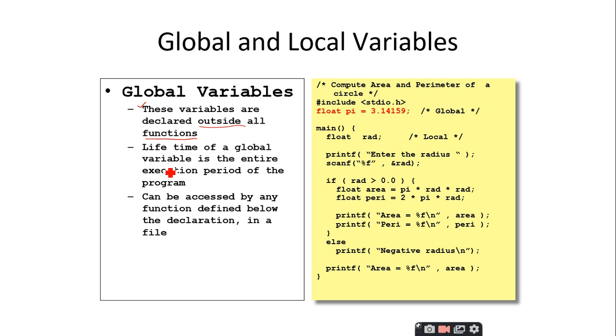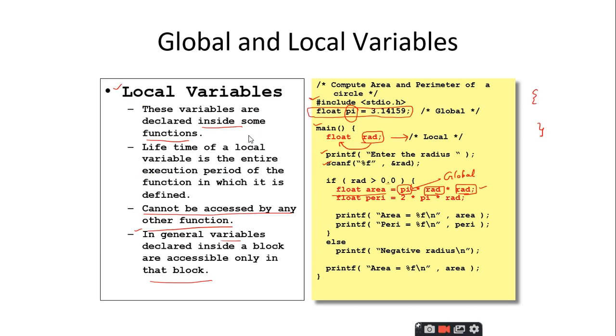And the lifetime of these global variables is the entire execution period of the program. Listen carefully. Whereas if you go for the local, it is the entire execution period of the function in which it is defined. So remember that local variables means within the function, global variables means within the program.